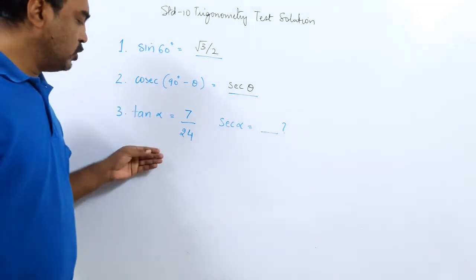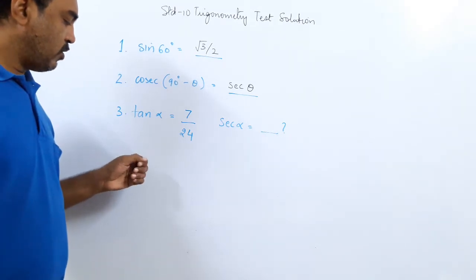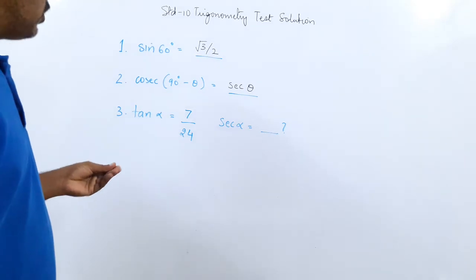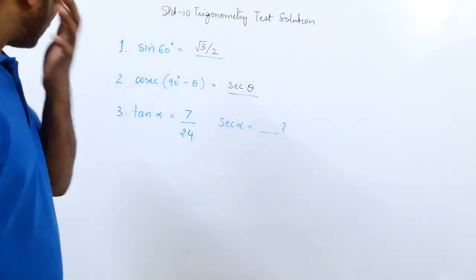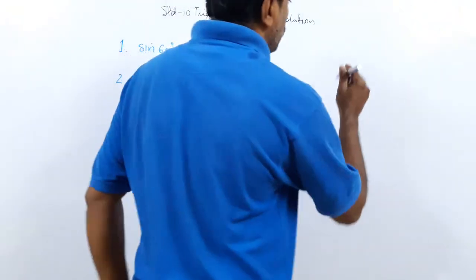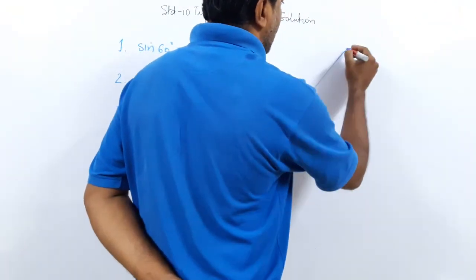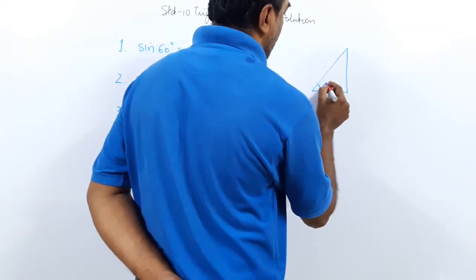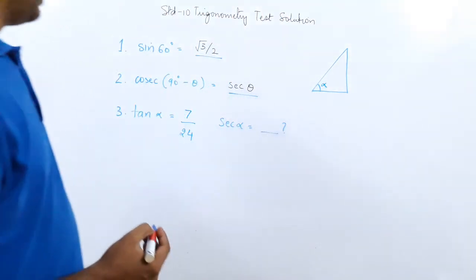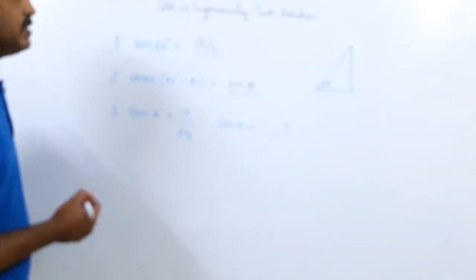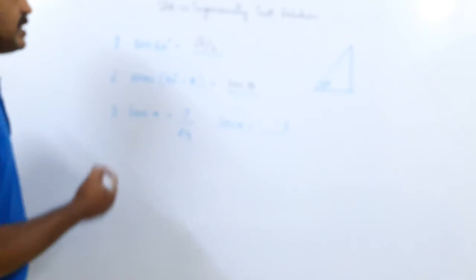When you see a ratio, it is the ratio of the sides. Remember, it is the ratio of the sides. So what you will do is draw a right angle triangle and call any acute angle alpha. Tan alpha is 7 upon 24.